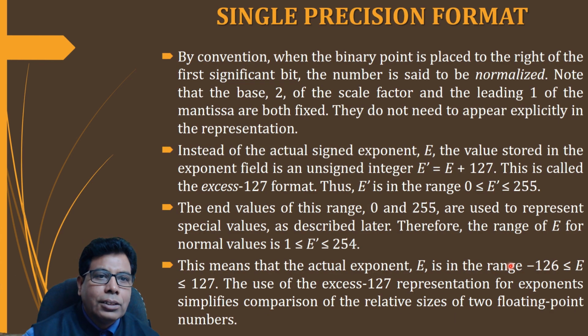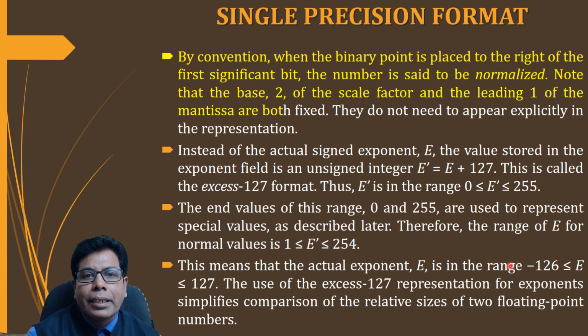Let us see the details of this single precision format. By convention, when the binary point is placed to the right of the first significant bit, the number is said to be normalized.